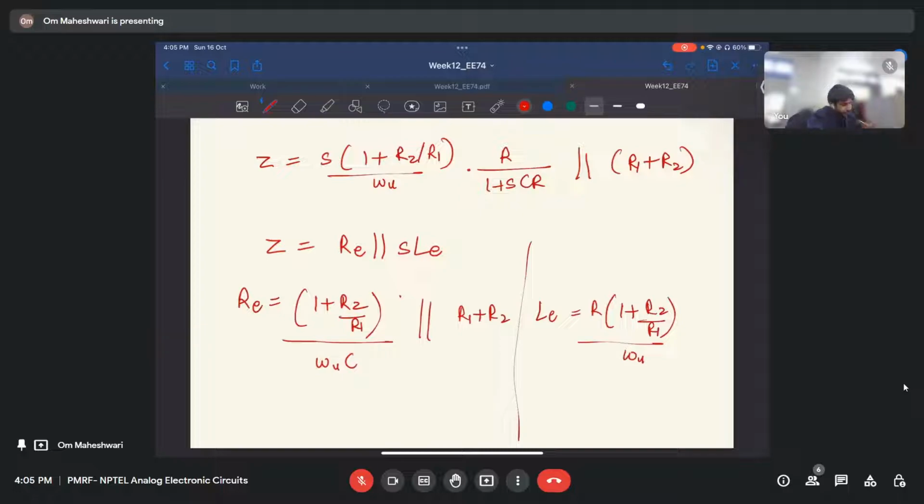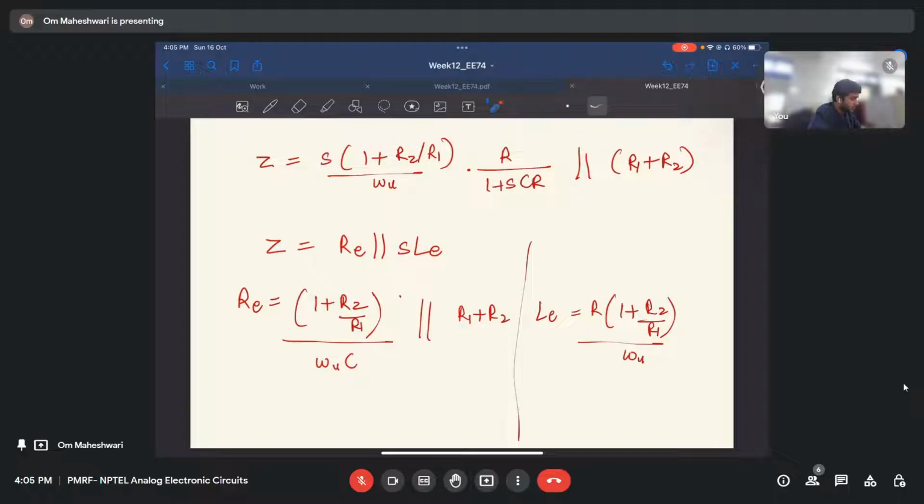Okay. So this is what it is. We had to find the inductor part. So this is the inductor part of the impedance, and we have to calculate it.